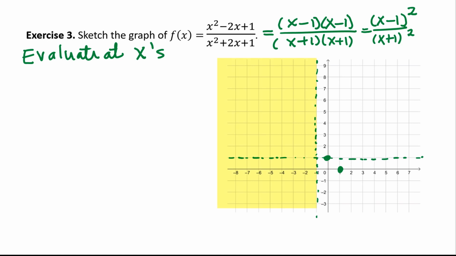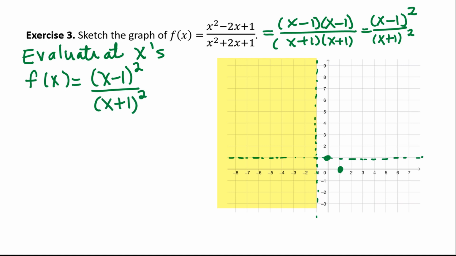So let's evaluate at -2, and I'm going to use the form (x minus 1) squared divided by (x plus 1) squared, because I think that'll be the easiest form for me to evaluate. Making a t-chart for x and f of x, I'll start with -2.